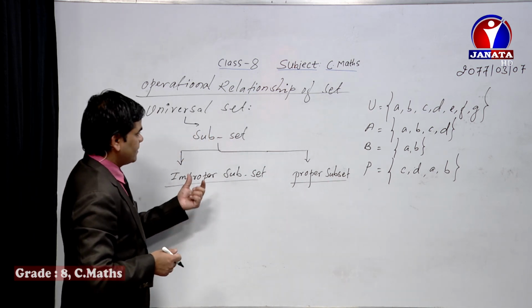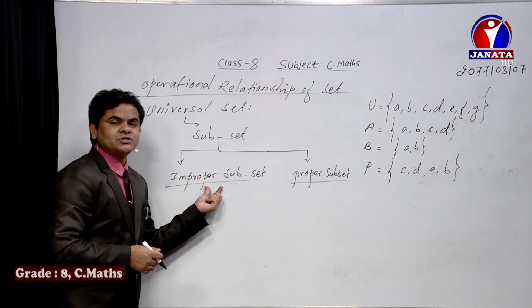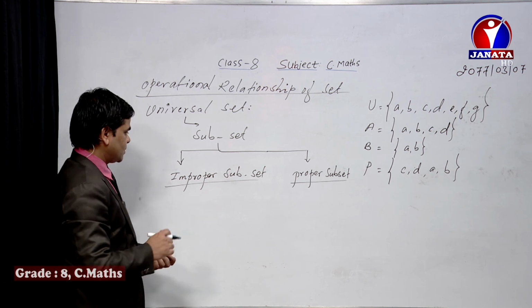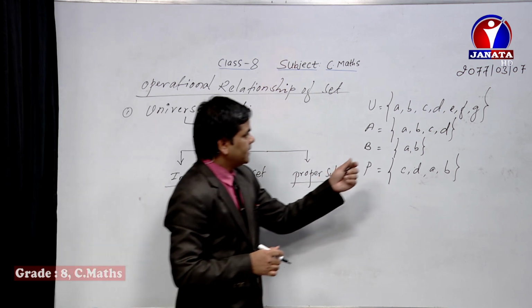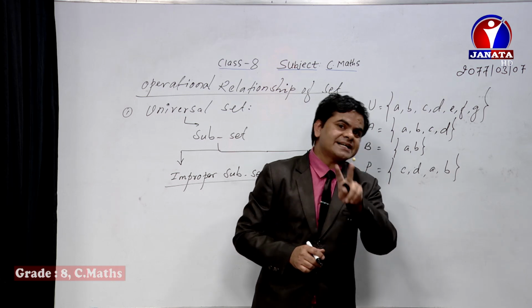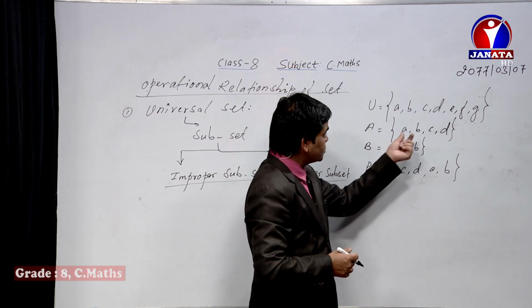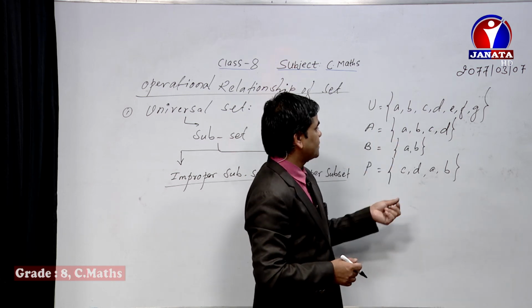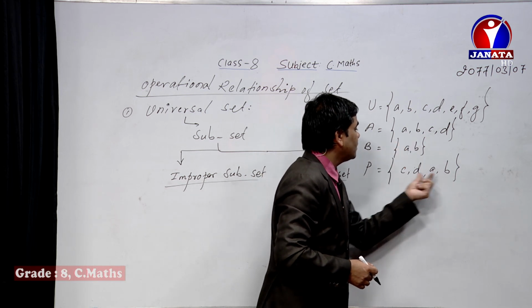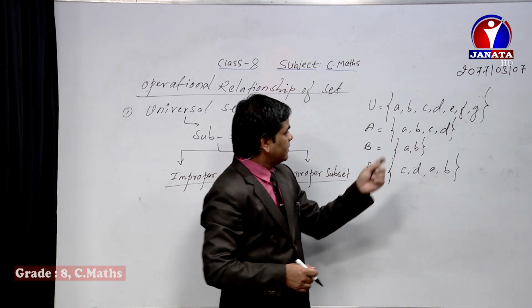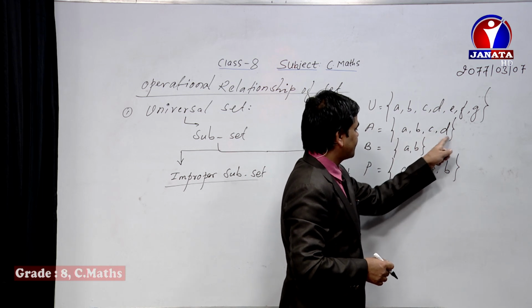In case of improper subset, what we mean by improper subset is that those two subsets are known as improper subsets where there are an equal number of elements. Look, dear students: 1, 2, 3, 4.